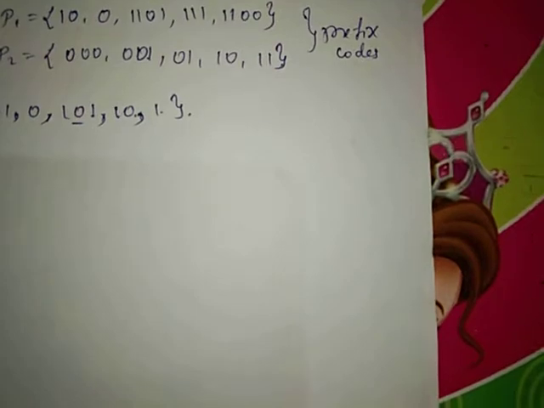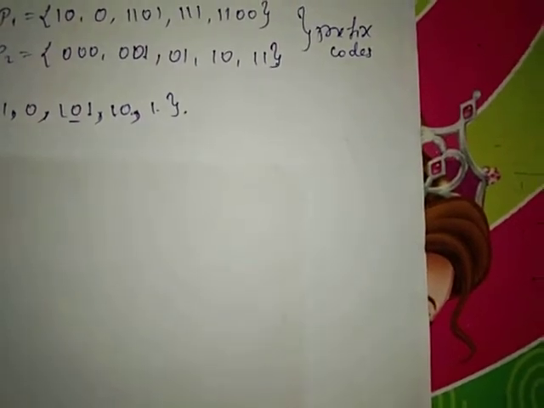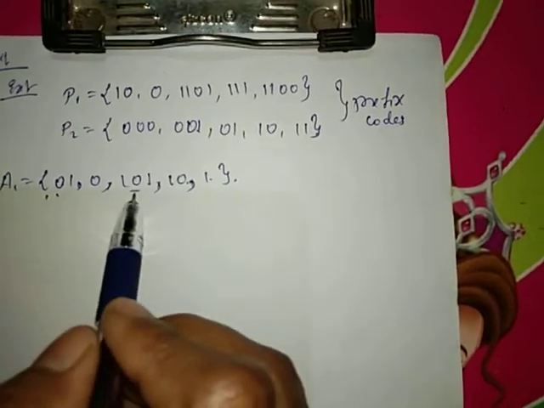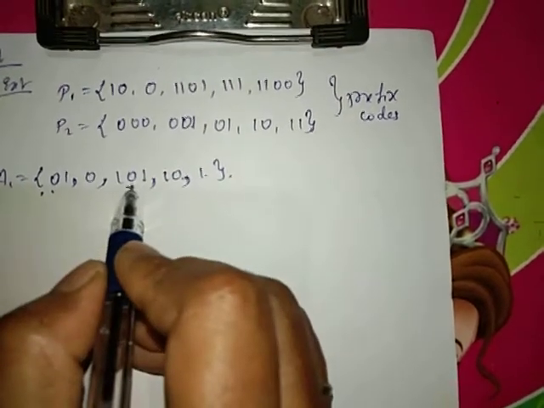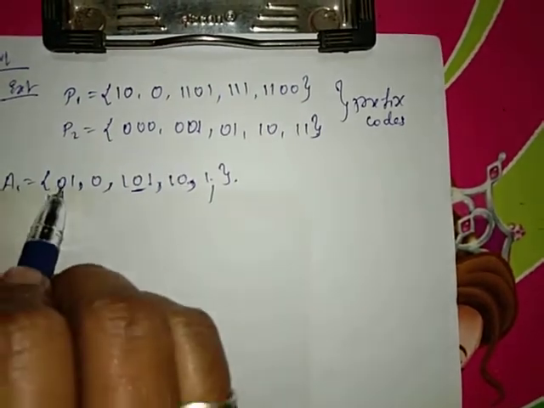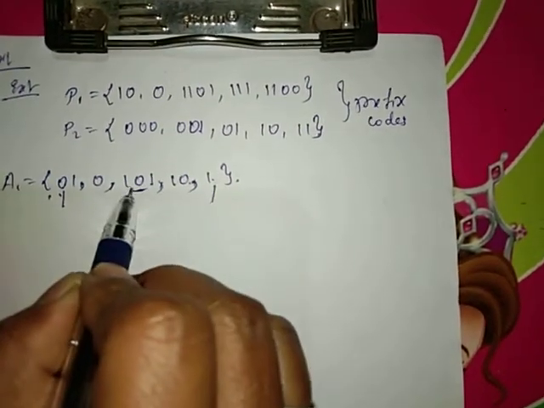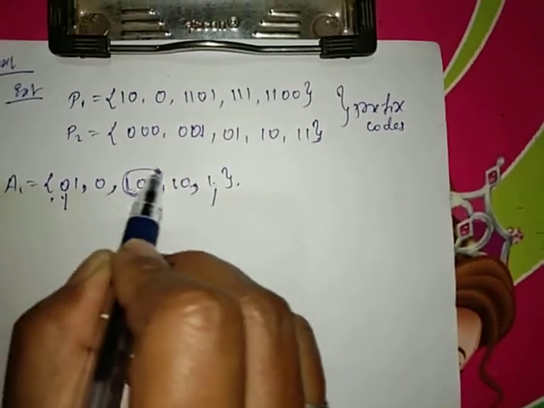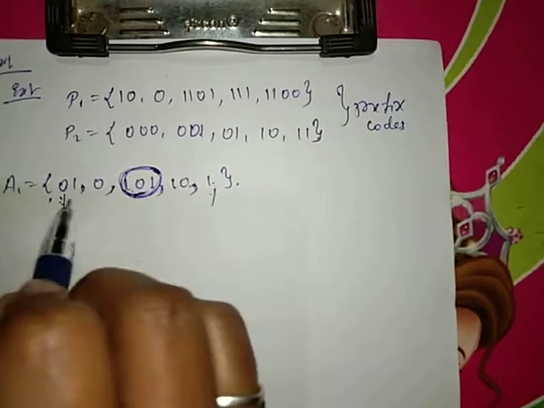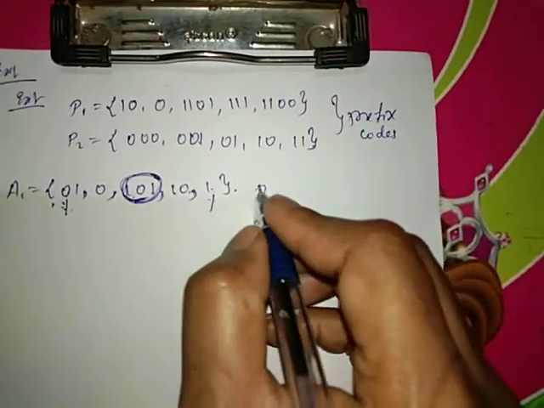Prefix codes can be represented by binary trees. So here, these are not prefix codes, because this is a combination of this and this one, 0 1 and 1. Means the sequence can be expressed as another prefix. So this is not a prefix code.